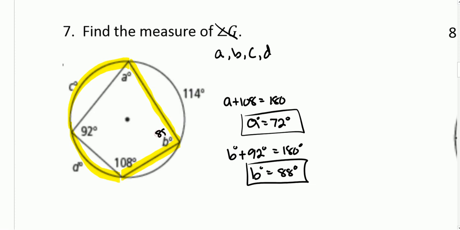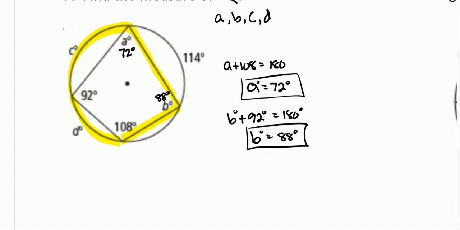I'll write that in here. We also know A is 72. I'll write that in there. And so we know that C plus D is equal to 2 times 88, which is 176.